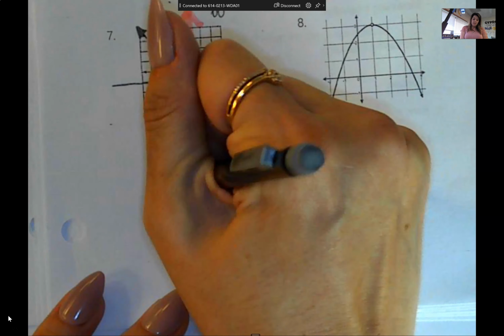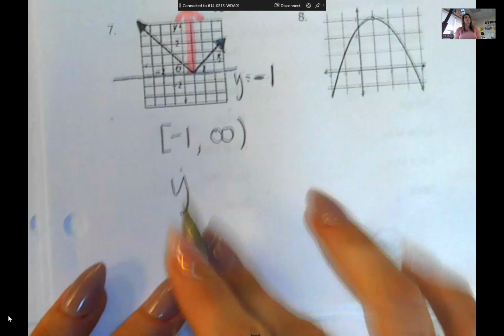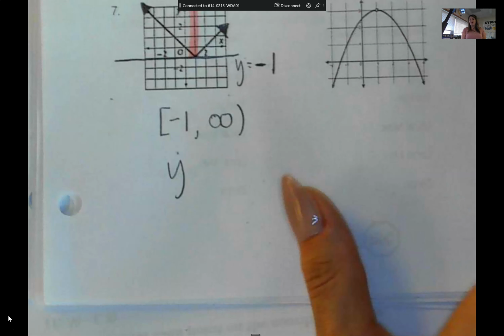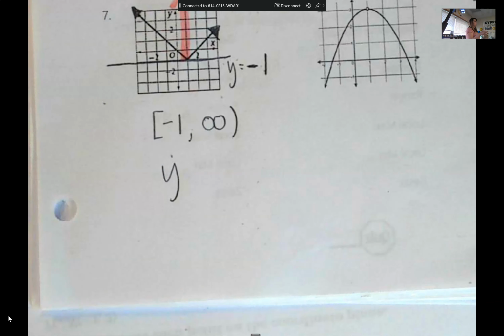Now, if we were doing inequality, I want you to decide the symbol and the number. See if you can find the inequality by getting the symbol and the number.